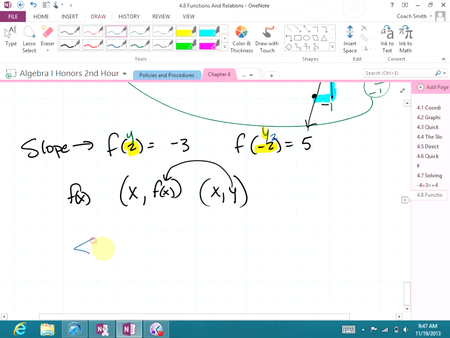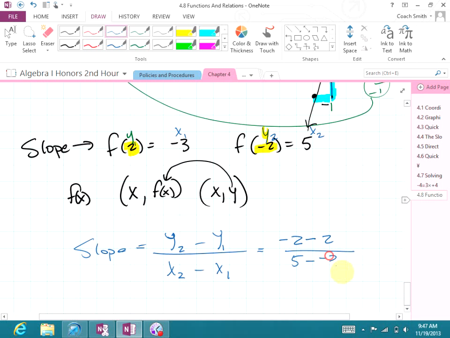Remember, our slope is equal to y sub 2 minus y sub 1 over x sub 2 minus x sub 1. So I'm going to plug in. This is x1, this is x2. So that gives me -2 minus 2 over 5 minus -3.